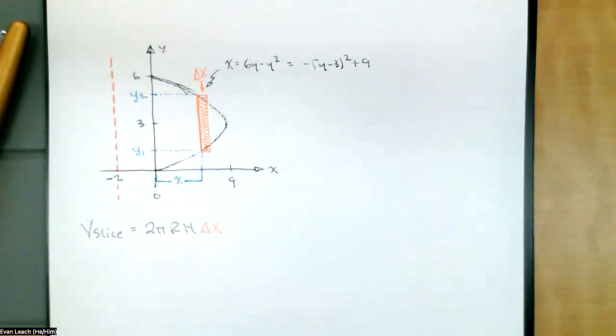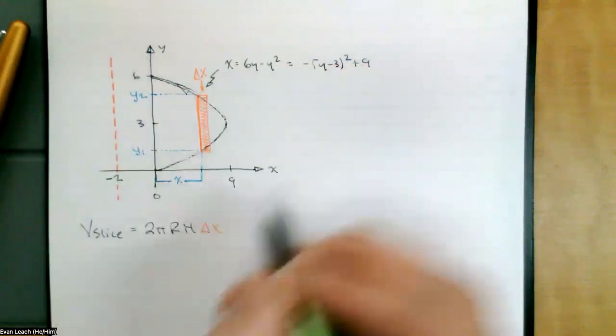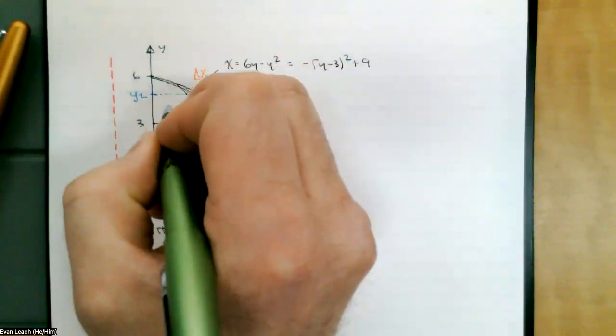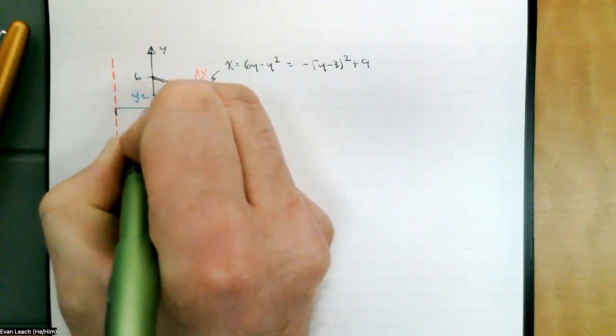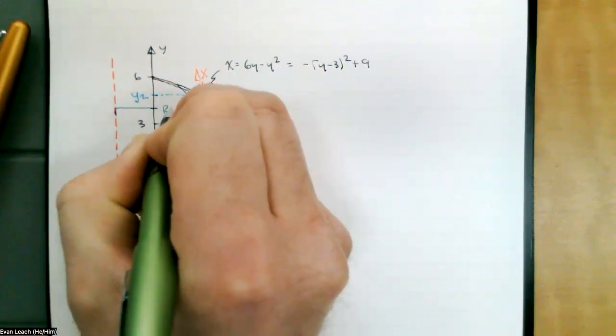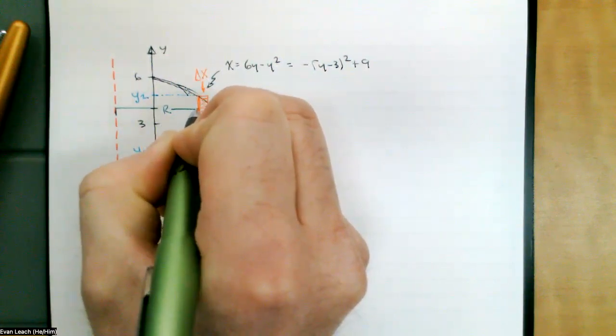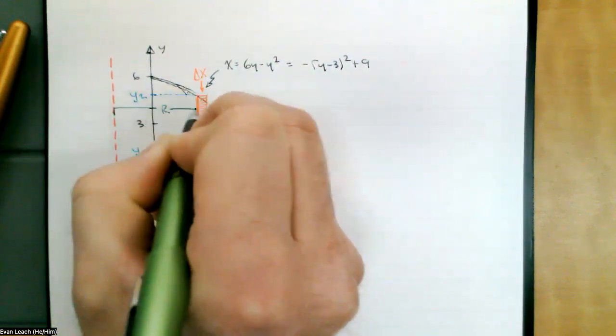Once we write down our volume of the slice, we know what we're looking for. I need to label a radius and I need to label a height. Radius is always measured from the axis of rotation to the slice. So radius is from the axis of rotation to the slice.